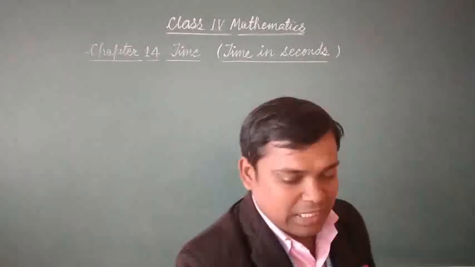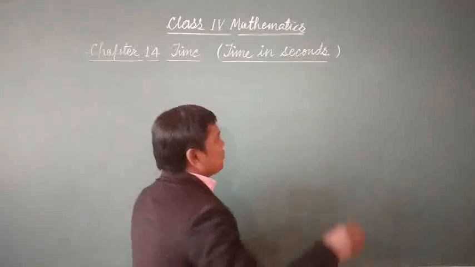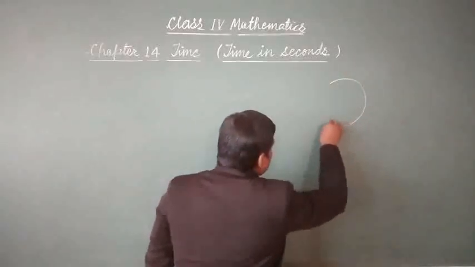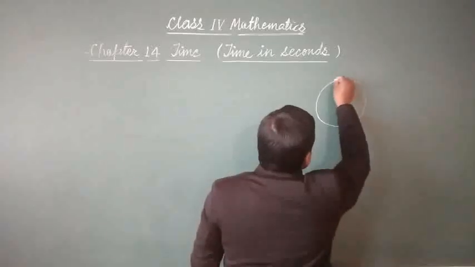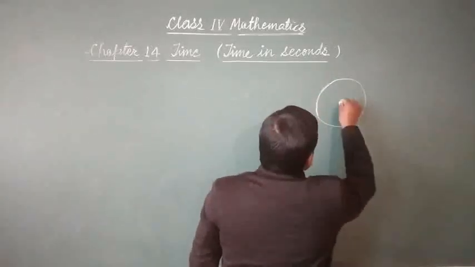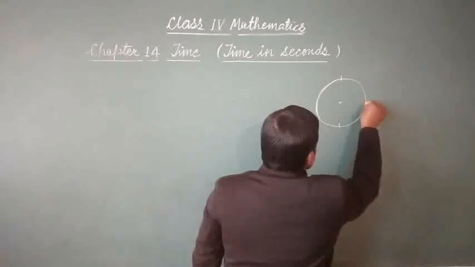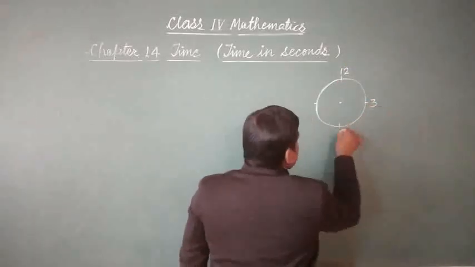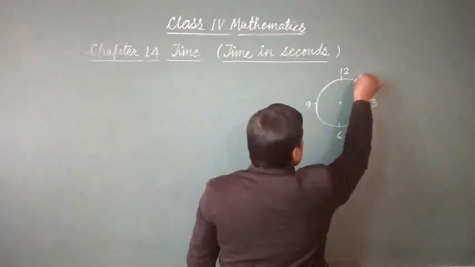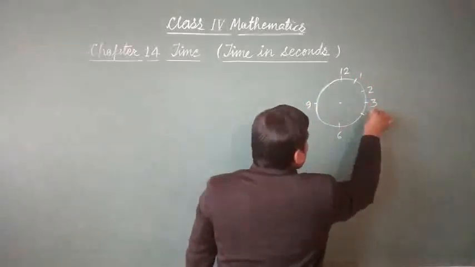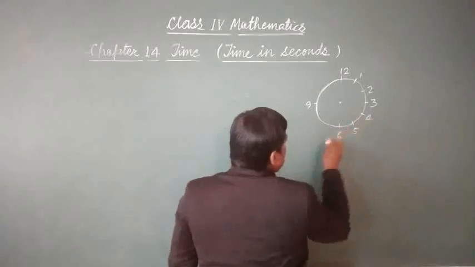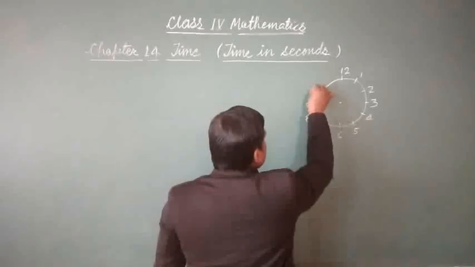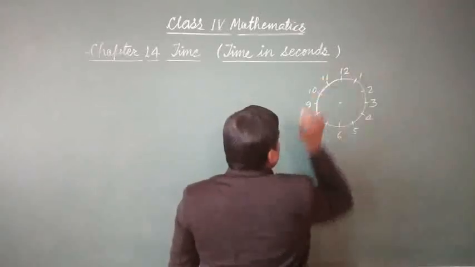So I am making a clock here to show you the three hands of the clock. As we know, here is 12, 3, 6, 9, 1, 2, 4, 5, 6 is here, 7, 8, 9, 10 and 11.